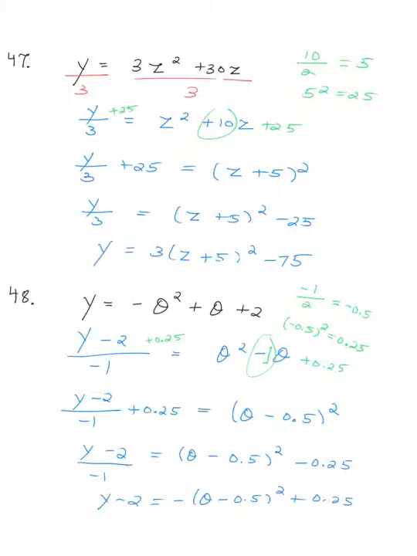And then add 2 to both sides. So here my vertex is kind of running out of room, but the vertex is at 0.5, 2.25. And for the one up here, I forgot to write that up, so I'll just put the vertex is at negative 5, negative 75.